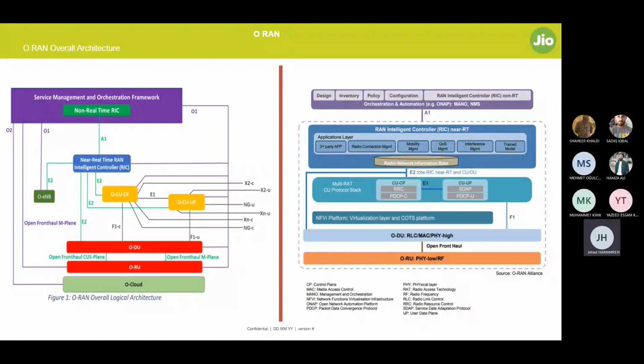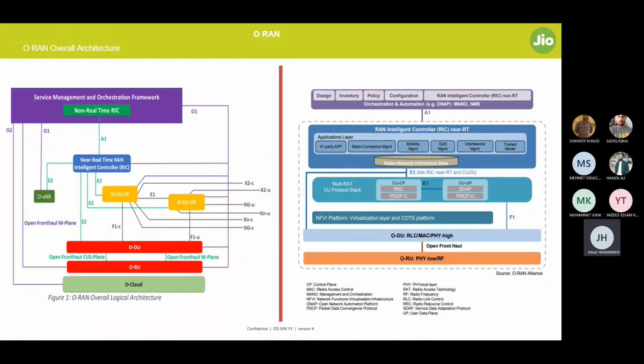So the RRC, we talked about it earlier in one of the lectures, radio resource control, controlling the resources. PDCP is the packet data convergence protocol, which is for control purposes as well.